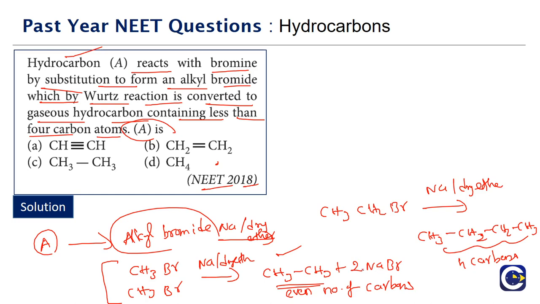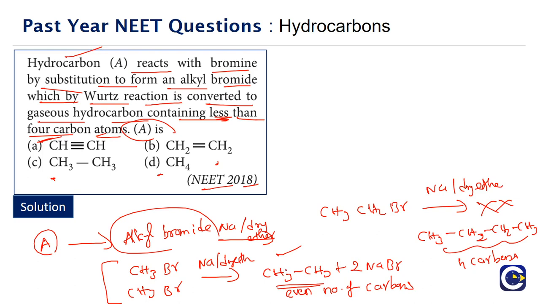Our task is to identify whether it is option C or option D. If you want the final alkane after the Wurtz reaction to have less than 4 carbons, as they clearly say, it can't even be this. If you go to the next, propyl bromide, then we get a hydrocarbon with 6 carbon atoms as the final product, which is definitely not less than 4.